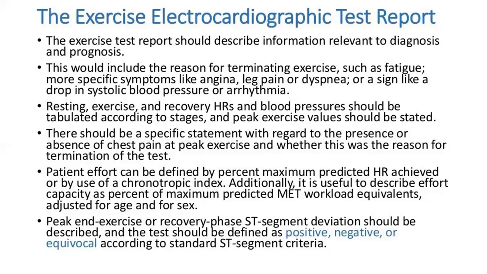Patient effort can be defined by percent maximum predicted HR or by use of a chronotropic index. Additionally, it is useful to describe effort capacity as percent of maximum predicted MET workload equivalents adjusted for age and for sex.